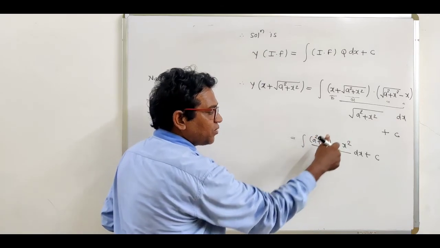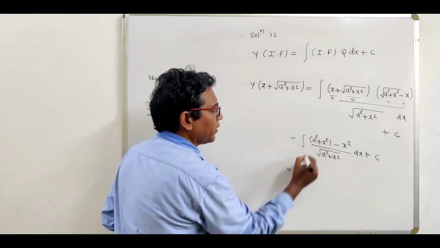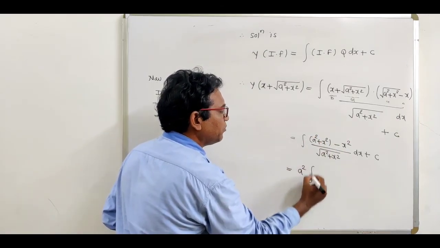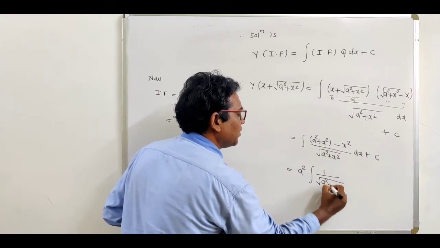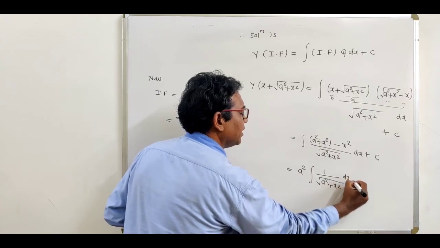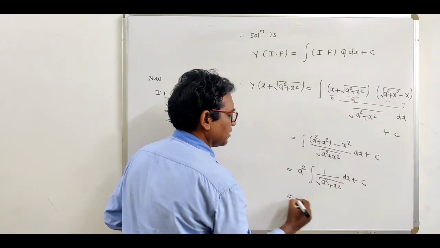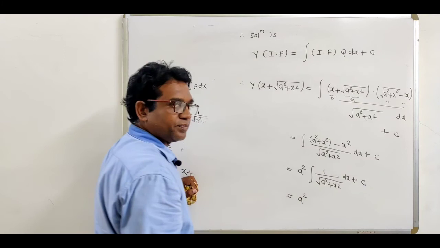So positive x square and negative x square get cancelled. A square is a constant term, we can take it outside. This is 1 upon under root a square plus x square dx plus constant c. So this is a square.